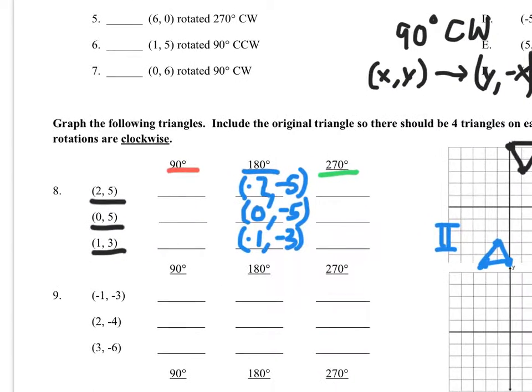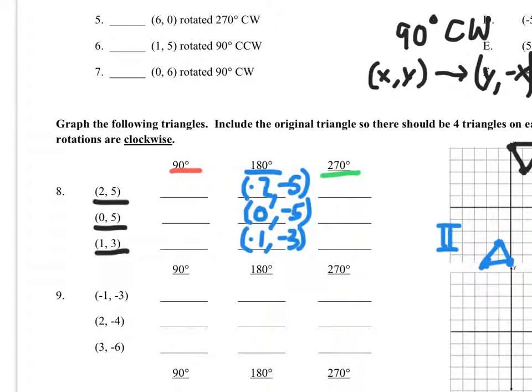For our first point, 2, 5. If we want to rotate it 90 degrees, our new x value has to be what our y value was. So our y value was 5, so now our x value is 5. And then our new y value has to be the opposite of what our x value is. So that must be negative 2.